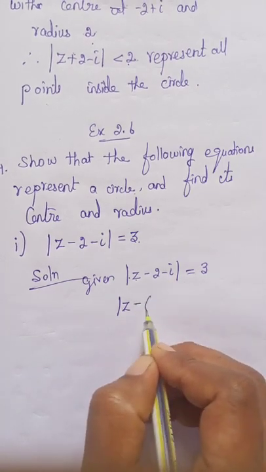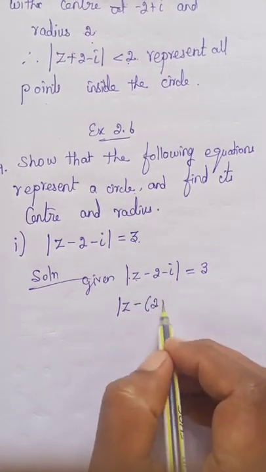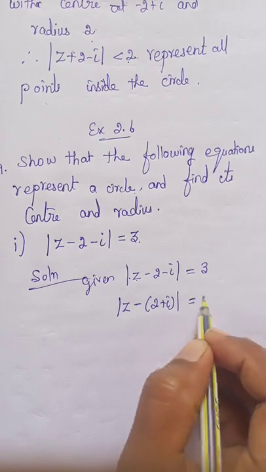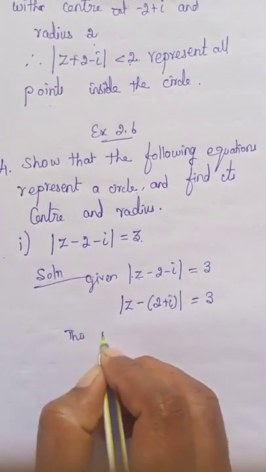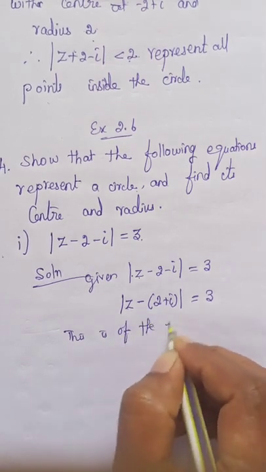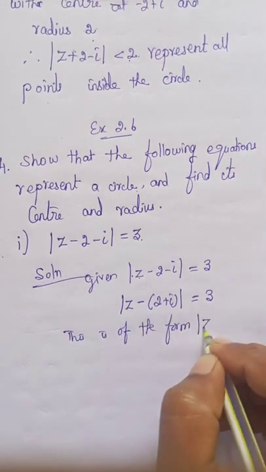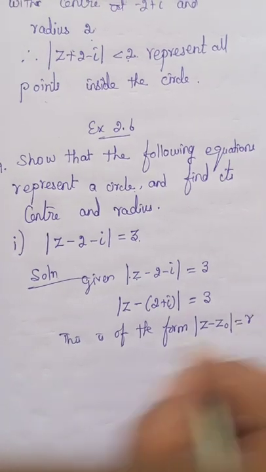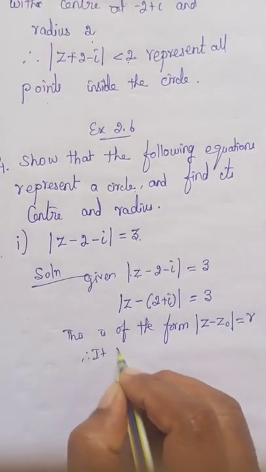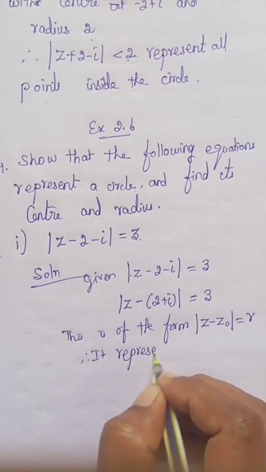So take a minus outside, so we may get 2 plus i equal to 3. So now you can write this in the form modulus z minus z0 equal to R. Therefore, it represents a circle.